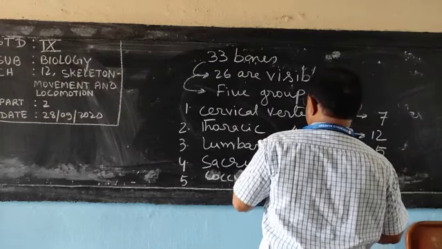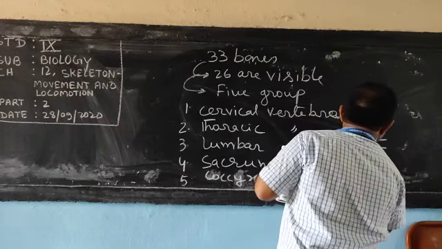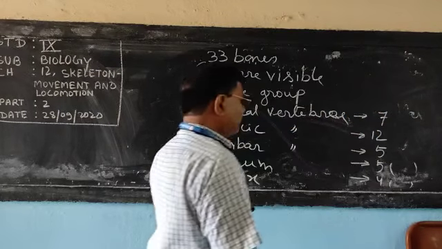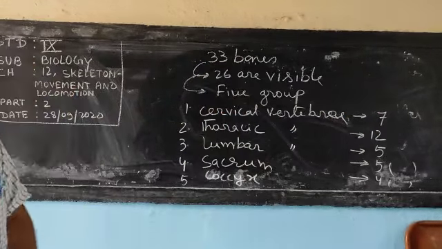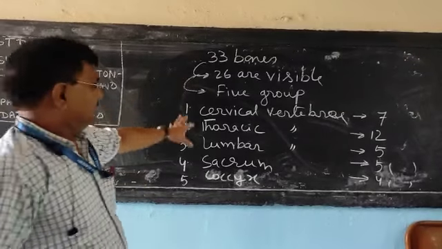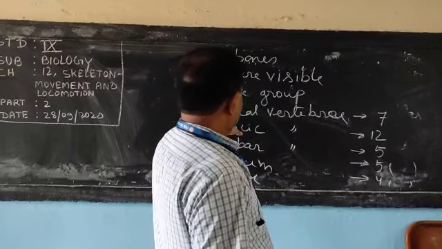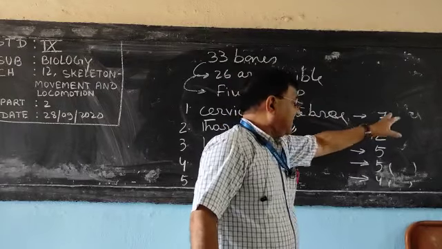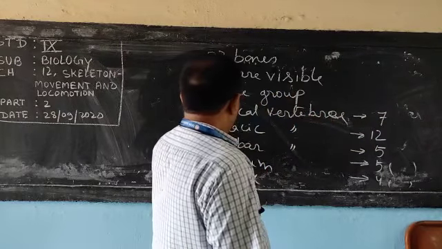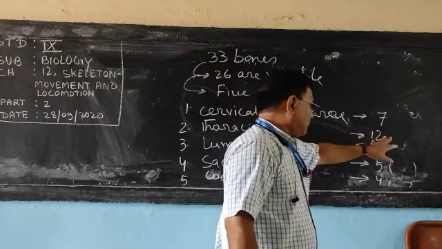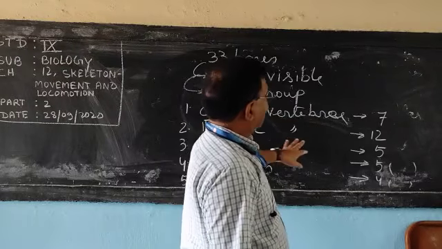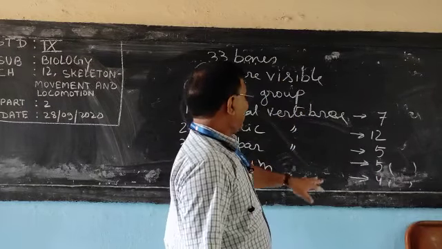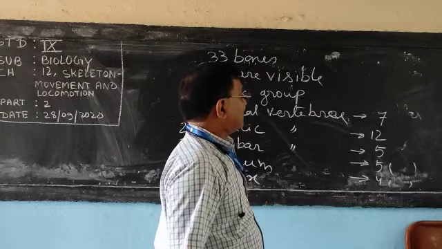And in coccyx, 4. Now, try to understand how many bones are there in our vertebral column. Cervical vertebrae contain 7 bones. Thoracic contain 12 bones. Lumbar 5. Sacrum 5. And coccyx 4.